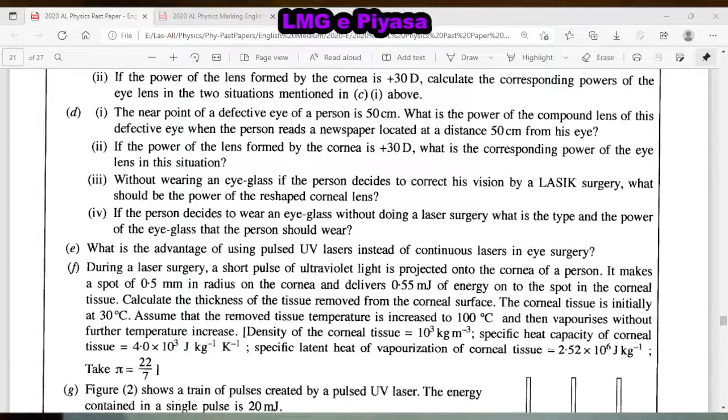During laser surgery, a short pulse of ultraviolet light is projected onto the cornea of a person. It makes a spot of 0.5 millimeter in radius on the cornea and delivers 0.55 millijoules of energy onto the spot. Calculate the thickness of the tissue removed from the corneal surface.